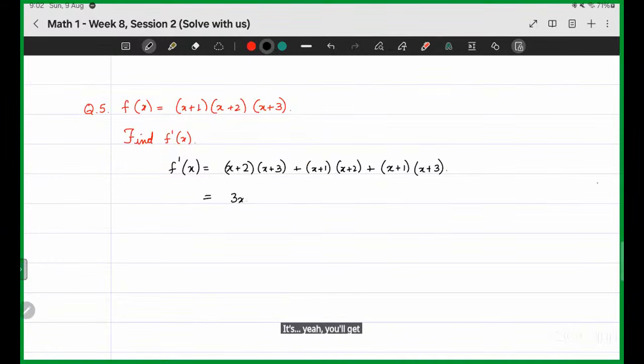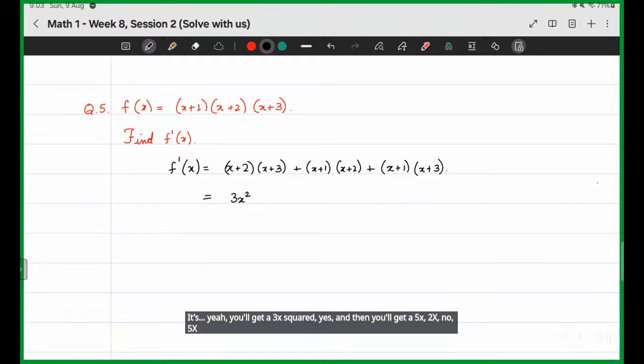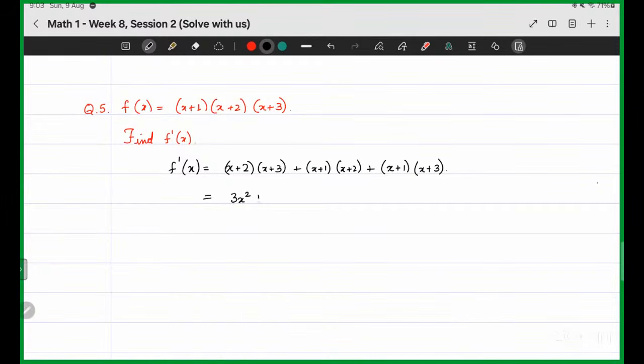You'll get a 3x square, yes, and then you'll get a 5x, 3x. You just give me the answer. 5x plus 5x. I'll believe you. 12x plus 7. 12x plus 11, is it? 12x plus 7. Yes.